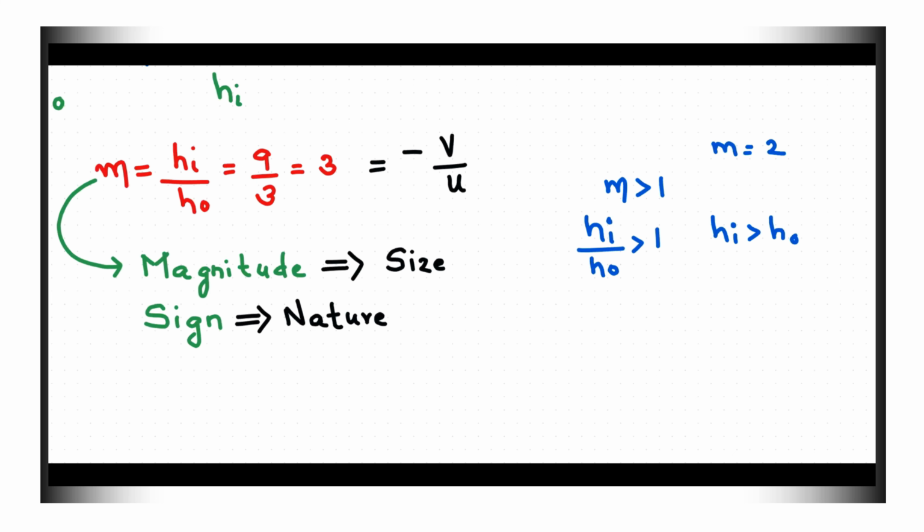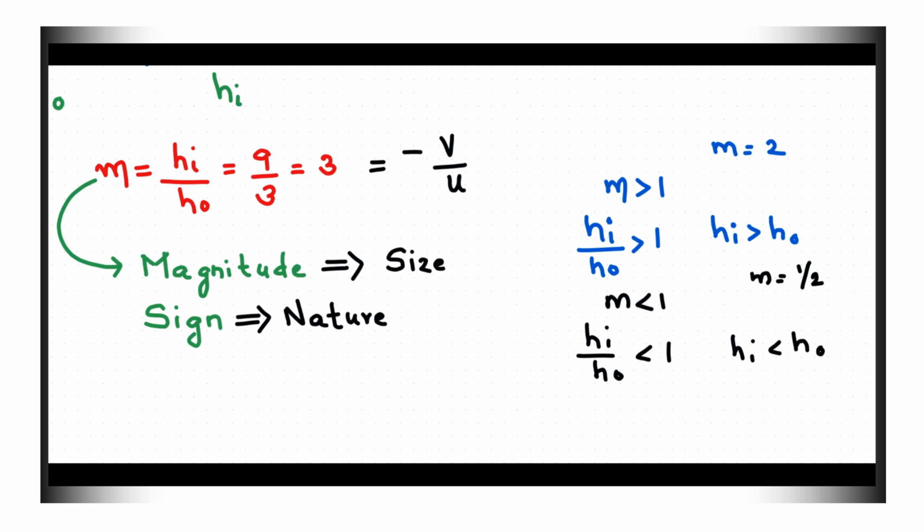If M is equal to 10, that means it is magnified 10 times. Similarly, if M is less than 1, for example, M is equal to half, then HI by HO is less than 1. That means HI is less than HO. That means it is diminished. The height of the image will be half the height of the object.